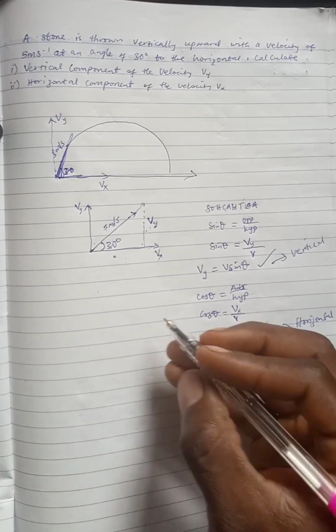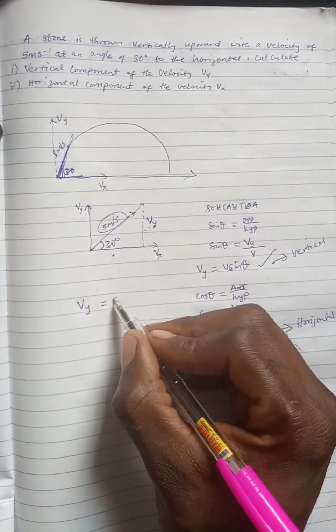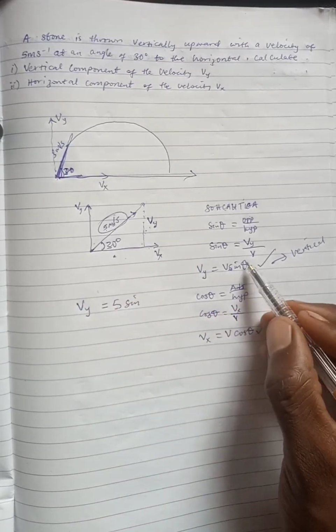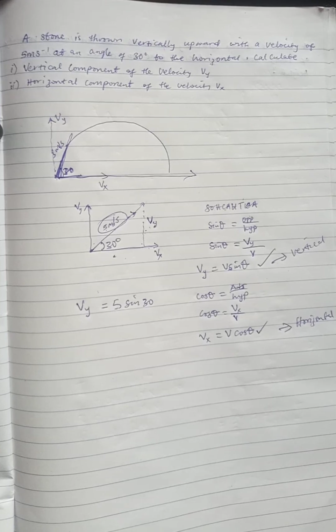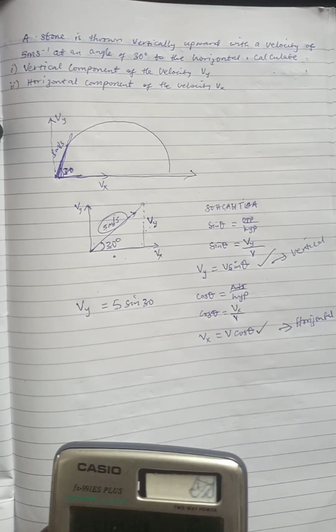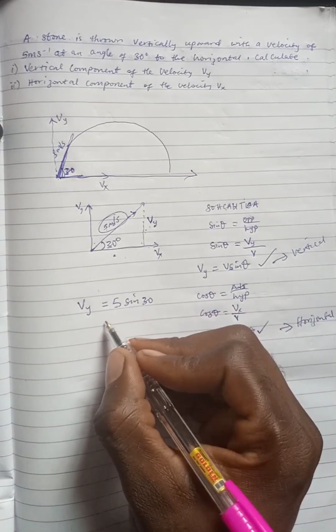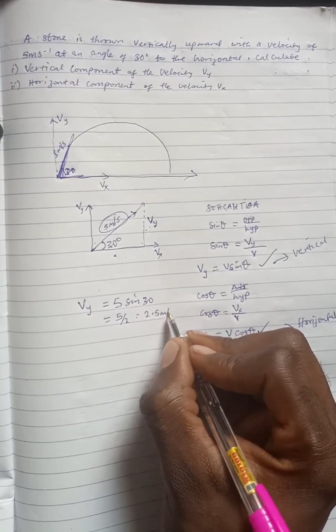Okay? So now, what is our vertical velocity? Our Vy will now be equal to V sine theta. What is our V? 5. What is our theta? 30. So here we have 5 sine 30 for our vertical velocity. 5 sine 30 is 5 times sine 30, which gives us 5 over 2, that is 2.5 meters per second.